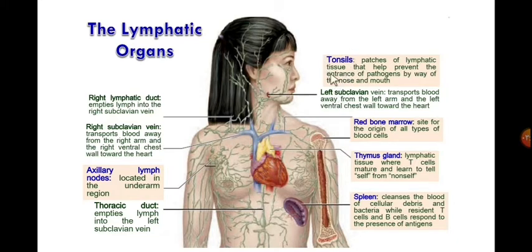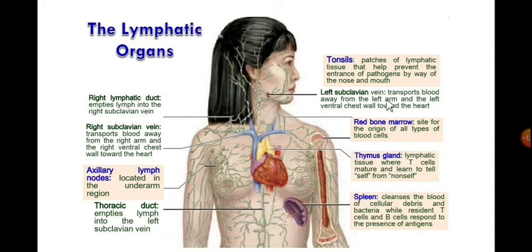Tonsils وهي من أهم الأعضاء الليمفية اللوزتين. Patches of lymphatic tissue that help prevent entrance of pathogens by way of nose and mouth. طبعا التونسلز اللوزتين عبارة عن مجموعات من أنسجة الليمفاوية تمنع دخول الباثوجينز العوامل المرضية من خلال الفم والأنف.